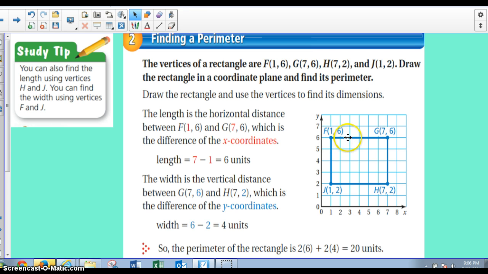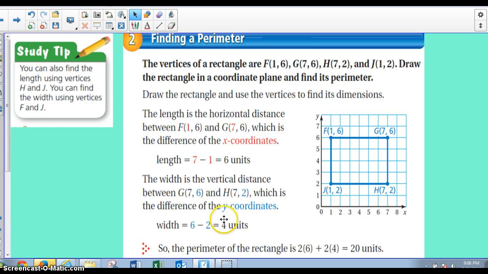Anytime you're trying to figure out the length along the x-axis, you would subtract the first digits. If you're trying to find the length along the y-axis, the coordinates are the second ones.